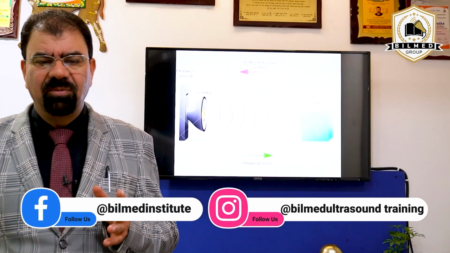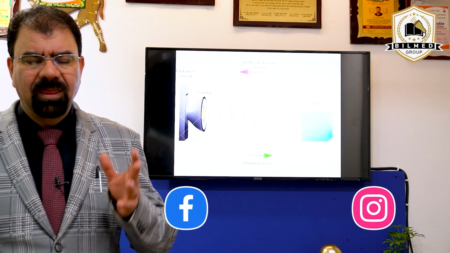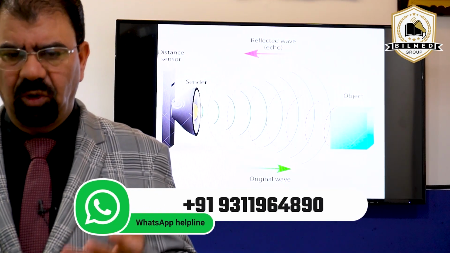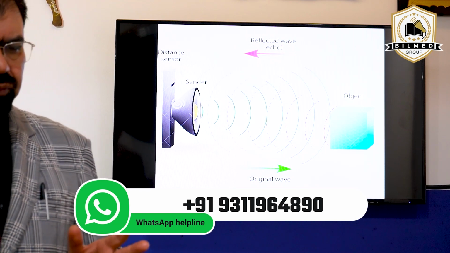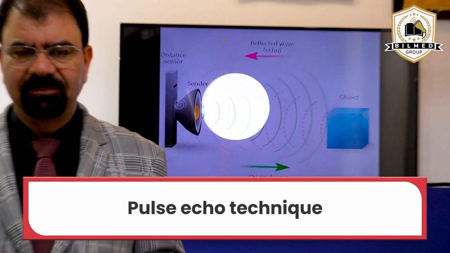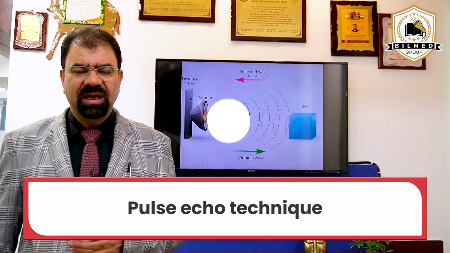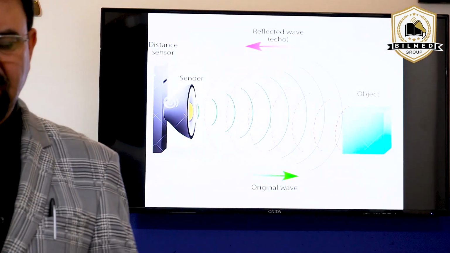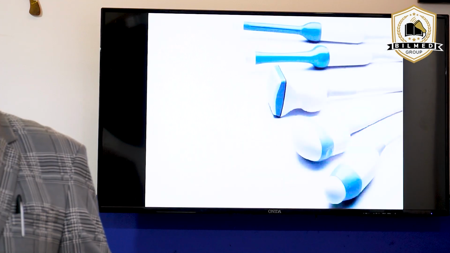That way the monitor shows us an image of a given area or an organ. So in one line, it is a pulse echo technique where we are sending something and we are receiving back. This is the technique on which ultrasound is working.